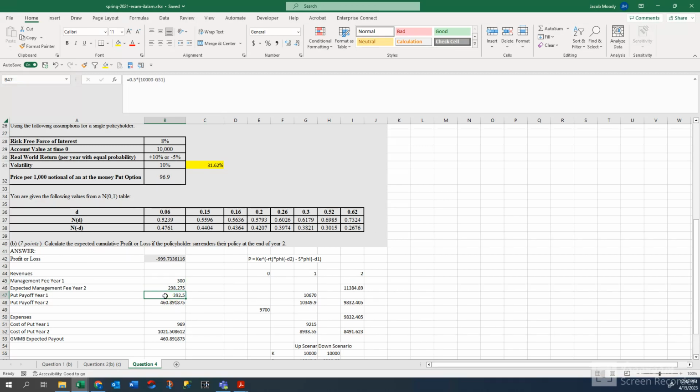And then the put payout, this one's quite easy to do, or the put payoff. You only get a payoff on your put if it goes down below $10,000. You want to buy at the notional amount of $10,000. So that's where the $10,000 gets, and then you minus the 9,215, and so that it's only a 50% chance of happening. So that is where my payoff is coming in right there.